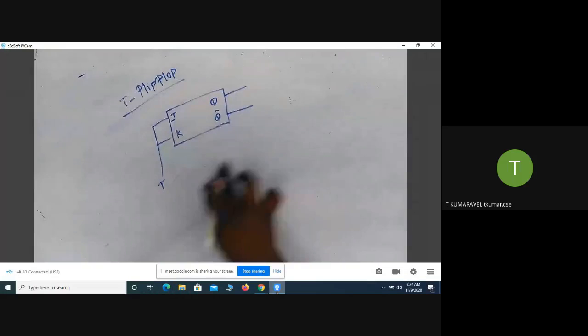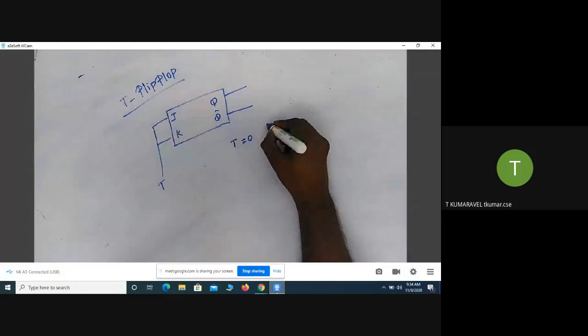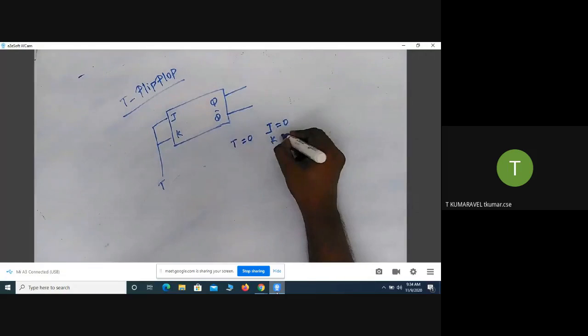If the T value is 0, the J value is 0 and the K value is 0. If the T value is 1, the J value is 1 and the K value is 1. That is the behavior of the T flip-flop.